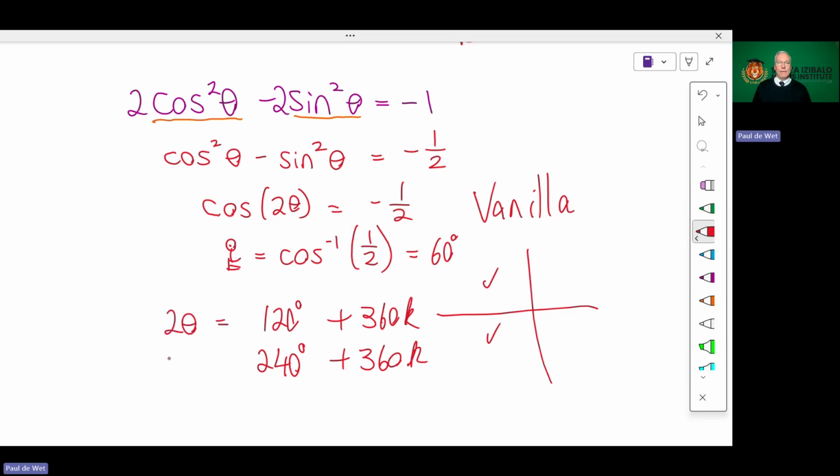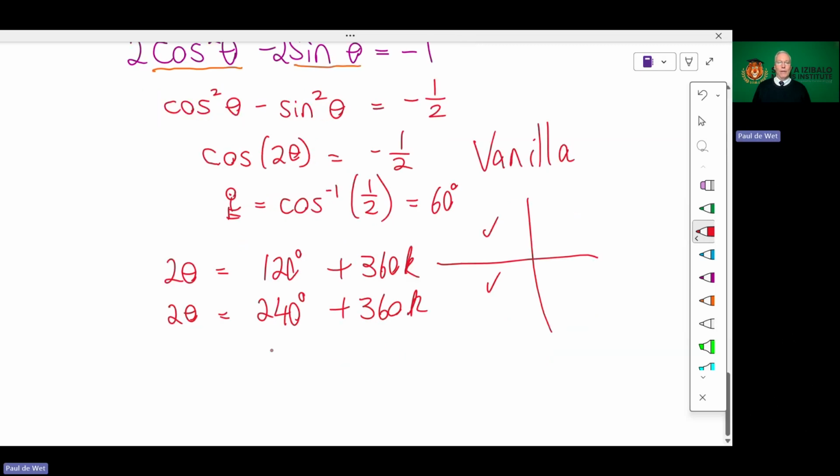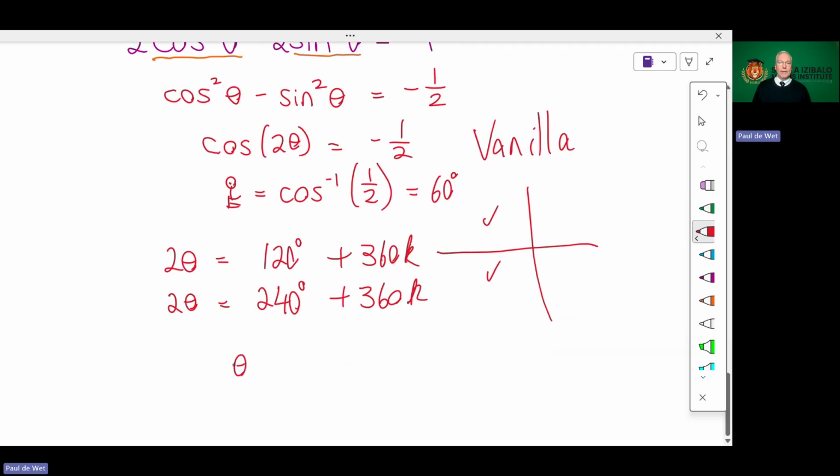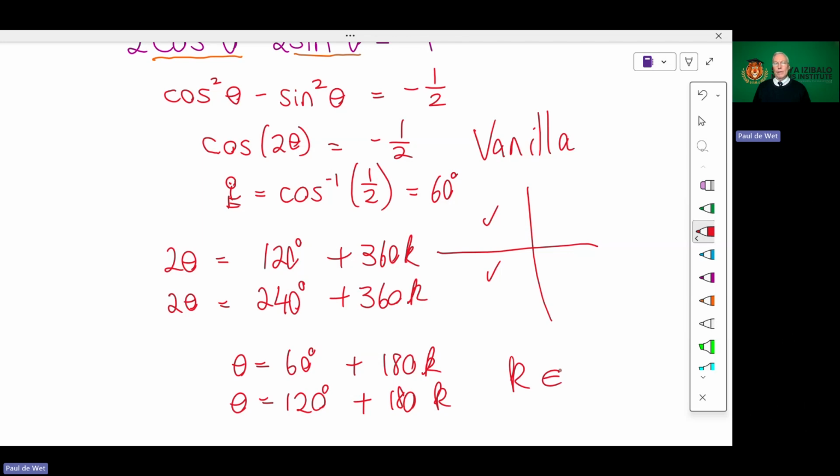So we've got that. And so our final answer is theta is 60 degrees plus 180k, or theta is 120 degrees plus 180k. Okay, both of these with k an element of Z.